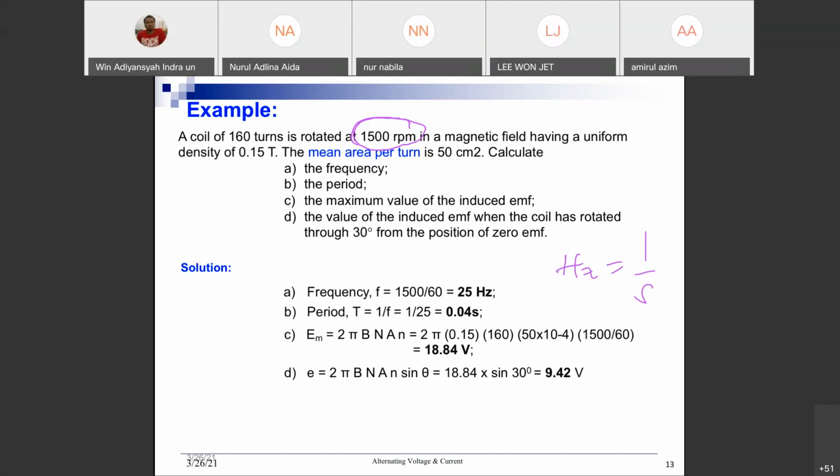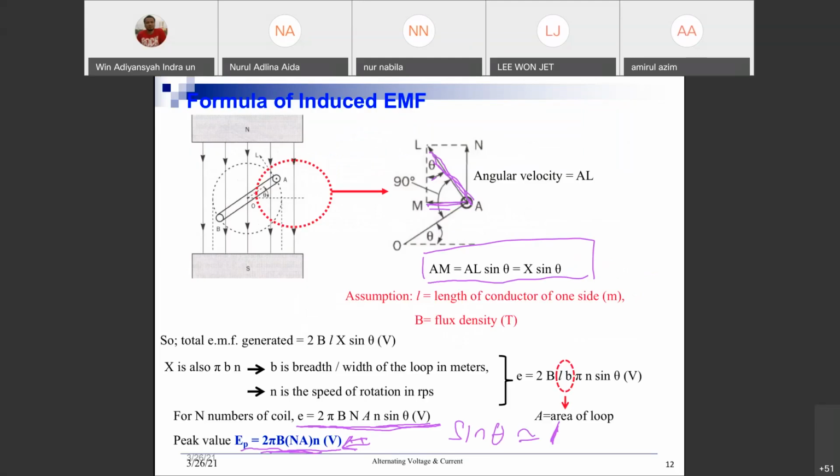So divide by 60, you get this one. Period is T equal to 1/f, so 0.04 second.